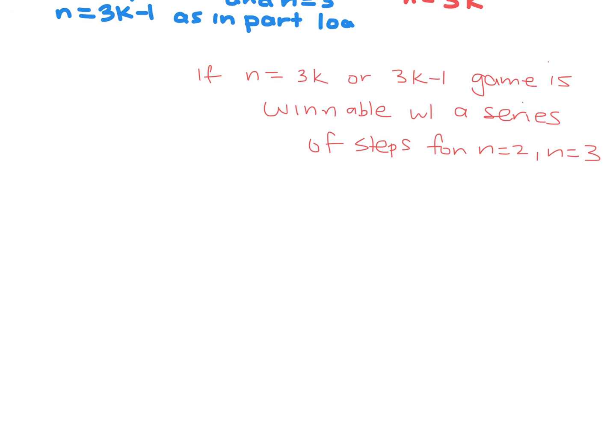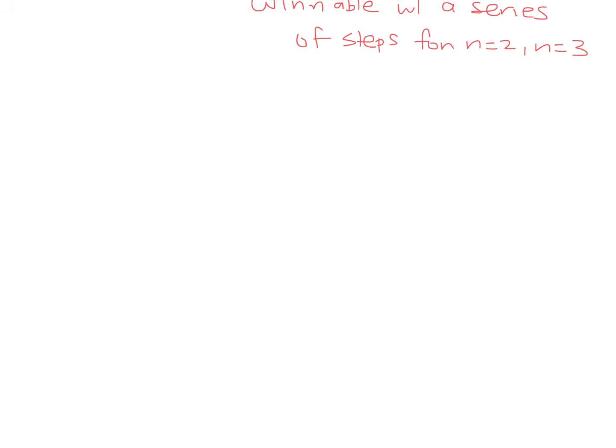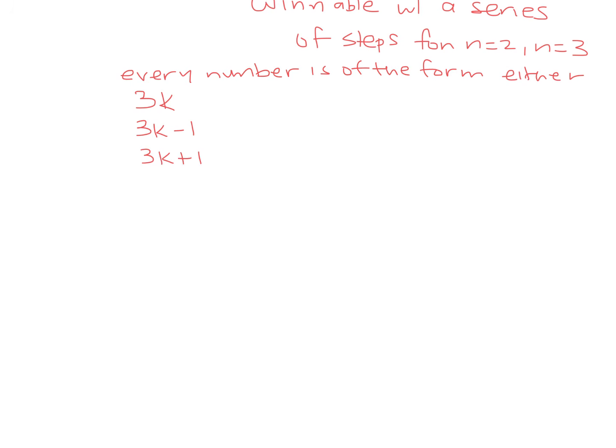Okay, so now we got that every number is of the form either 3k, 3k minus 1, or 3k plus 1, right?